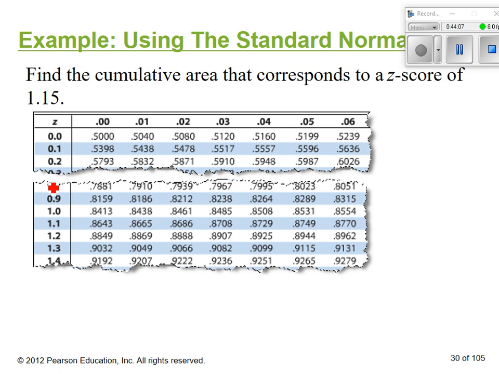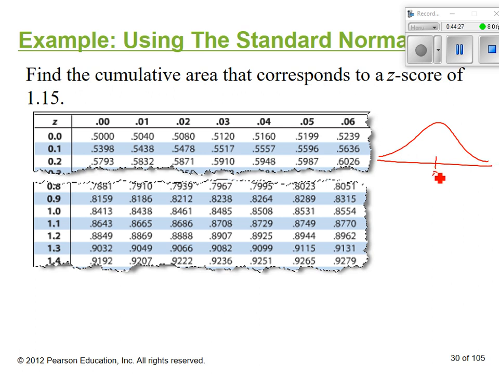The front page, the first page, is the negatives. The back of the first page is the positives. So if we're looking at a z-score and we want to find the area of the z-score of 1.15, this is our curve, and this is what I want you to be able to draw each time we do this stuff.